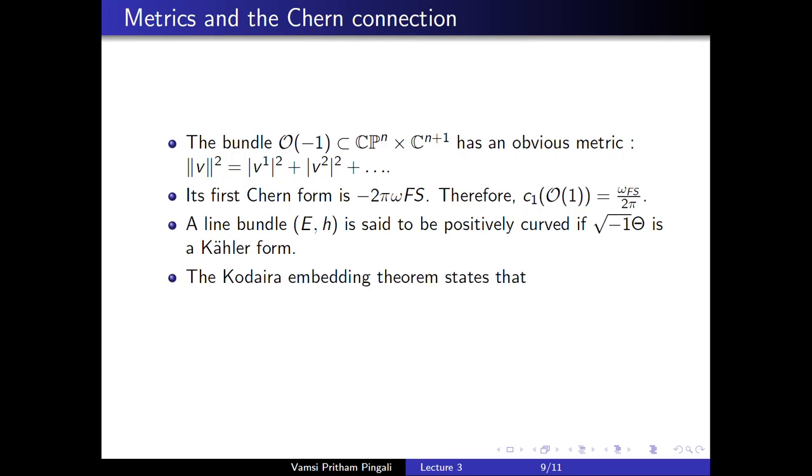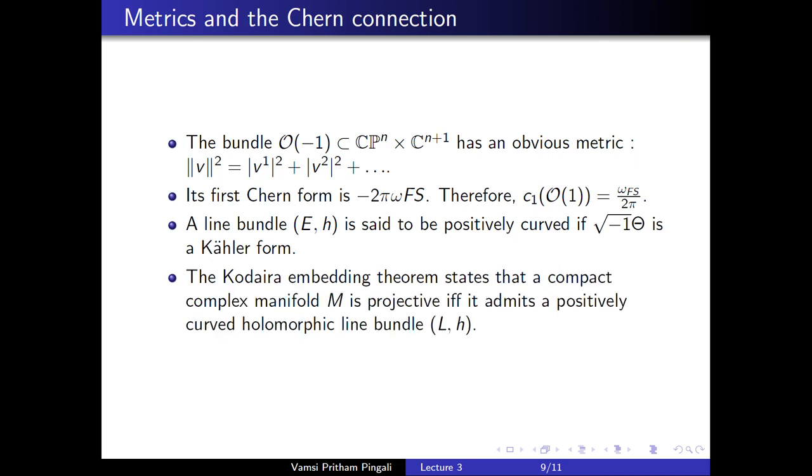We have enough language at our disposal now to state the Kodaira embedding theorem. It says that a compact manifold is projective if and only if it admits a positively curved holomorphic line bundle. If you take any projective manifold, there's an obvious positively curved holomorphic line bundle, namely the restriction of the O(1) line bundle.